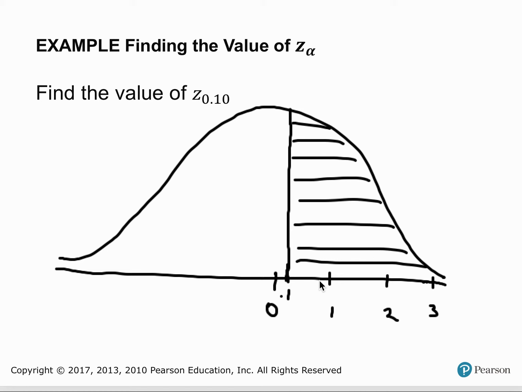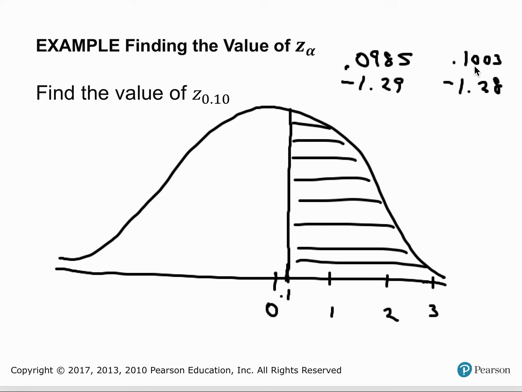And I see that 0.0985 corresponds to a z-score of negative 1.29, and then 0.1003 corresponds to a z-score of negative 1.28.